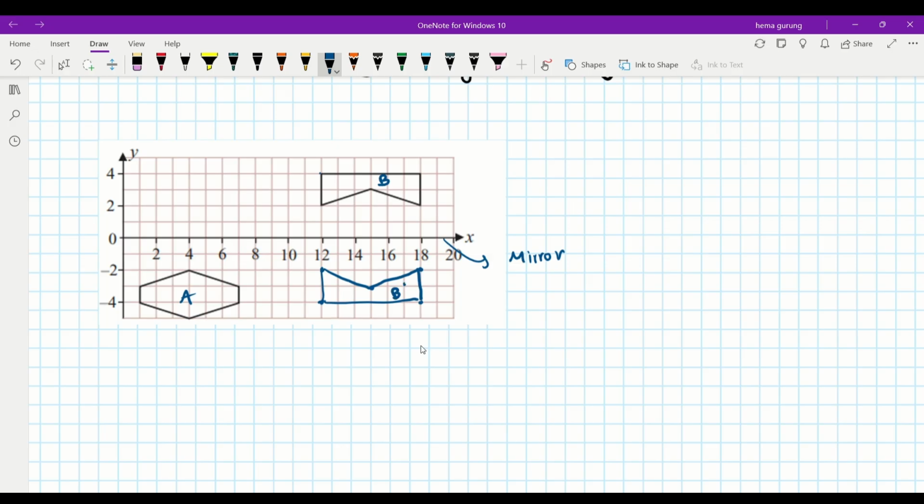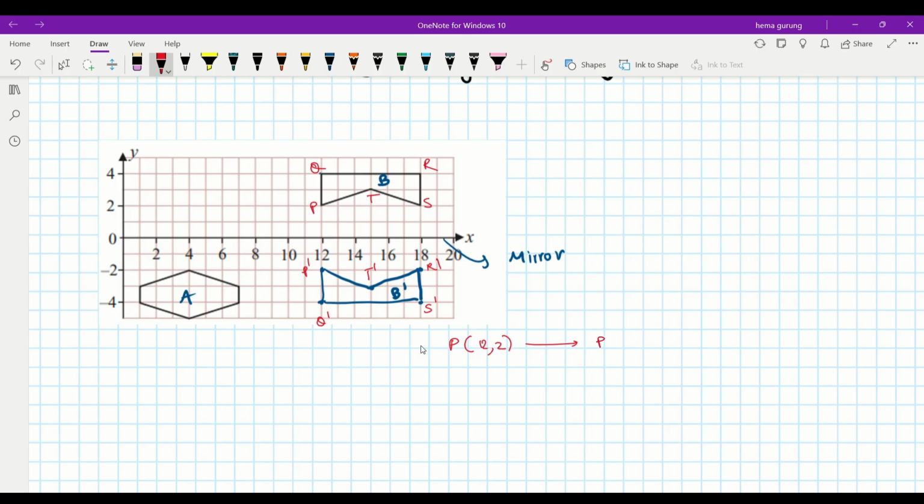This is B dash. If you want to see the coordinates, let's say this is P, Q, R, S, T. This will be P dash, T dash, R dash, S dash, and Q dash. See the coordinates. P is, I guess, 12, 2.